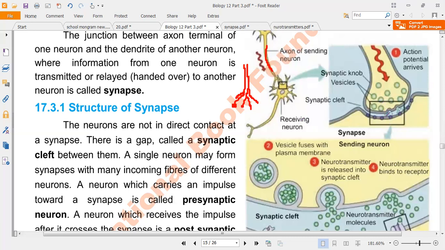There is a space between the two. This area is called the synaptic knob, or axon terminal. It is not in direct contact, but there is a gap between the two neurons, which is called the synaptic cleft or synaptic junction.